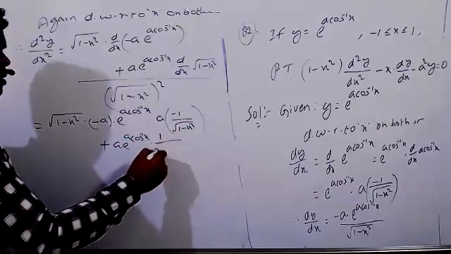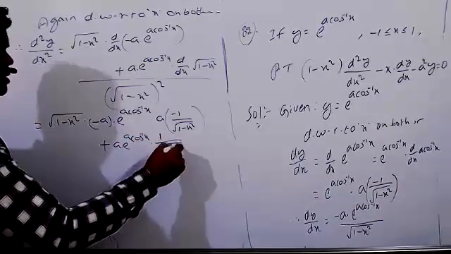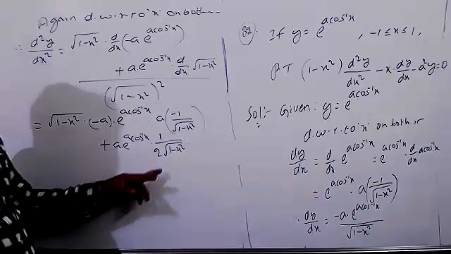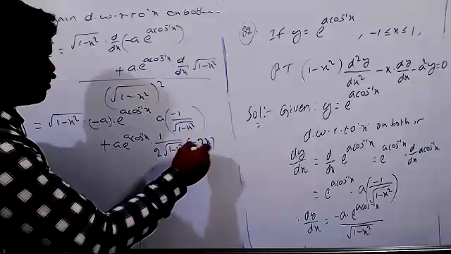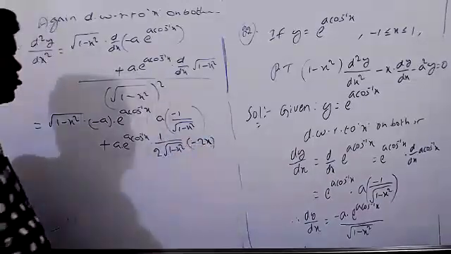So 1 by 2 root of 1 minus x square into again differentiation of 1 minus x square, we get minus 2x.